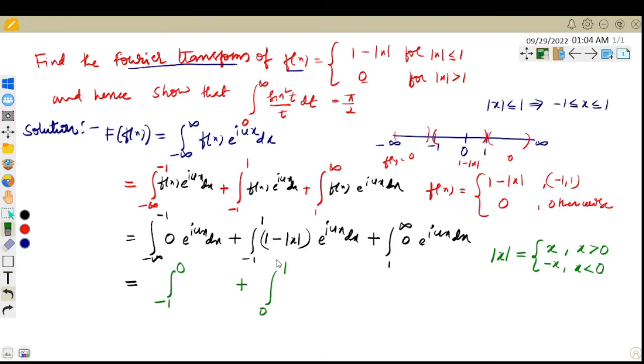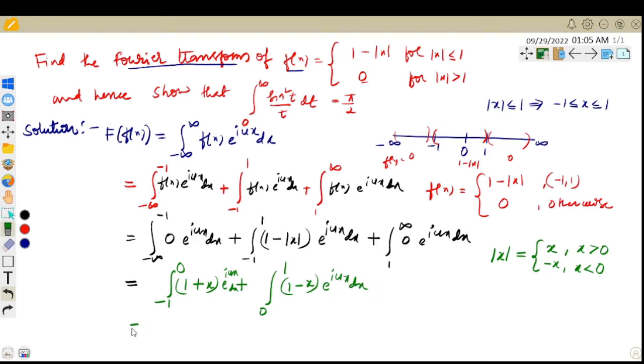For minus 1 to 0, x is negative, so modulus of x becomes minus x, and this becomes 1 plus x into e raised to iux dx. Here, 1 minus modulus of x is 1 minus x itself, into e raised to iux dx.